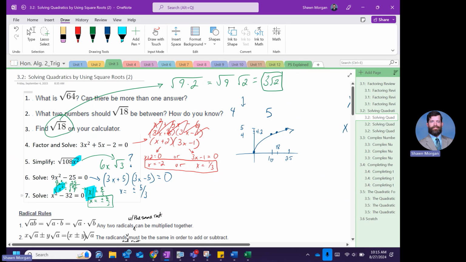Just like Sebastian helped me with number 1, he didn't say the square root of 64 is the absolute value of 8. He just said it's 8. Just like down here, we're saying the square root of 25 ninths is 5/3. The absolute value gets hit up on the variable side of things.